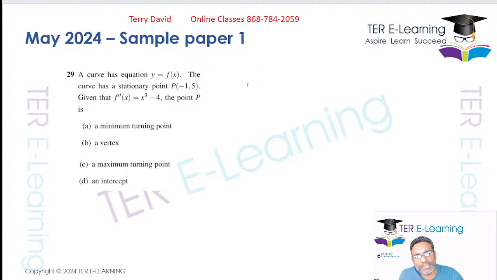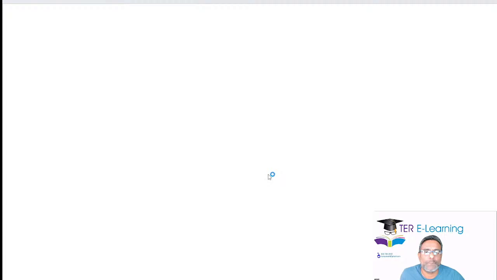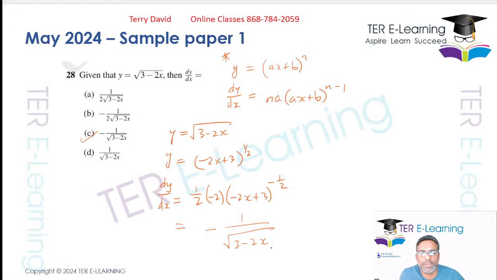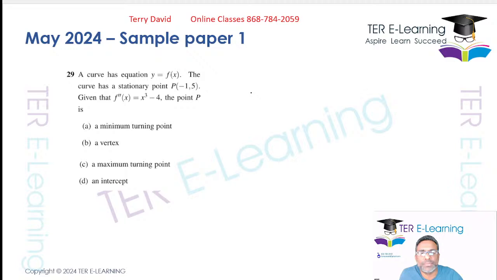When you have a stationary point, a curve could have a maximum point, a minimum point, or a point of inflection, which is not on your syllabus, but it could still appear in the exam. So we have maximum, minimum, and points of inflection.